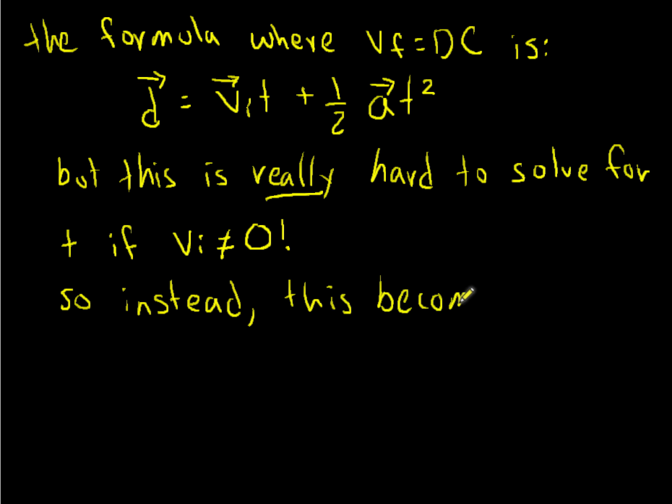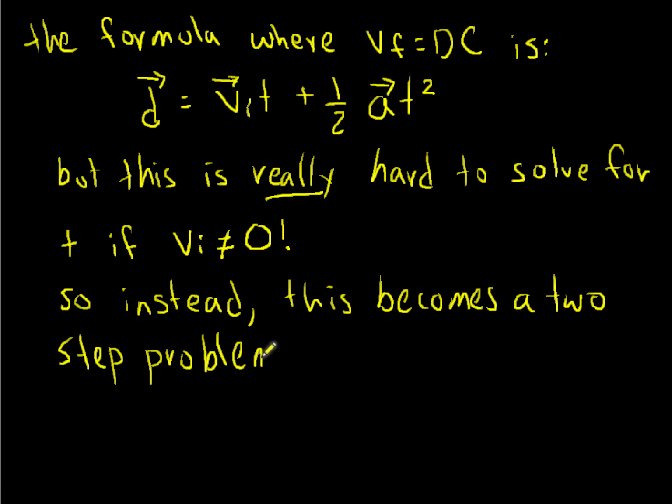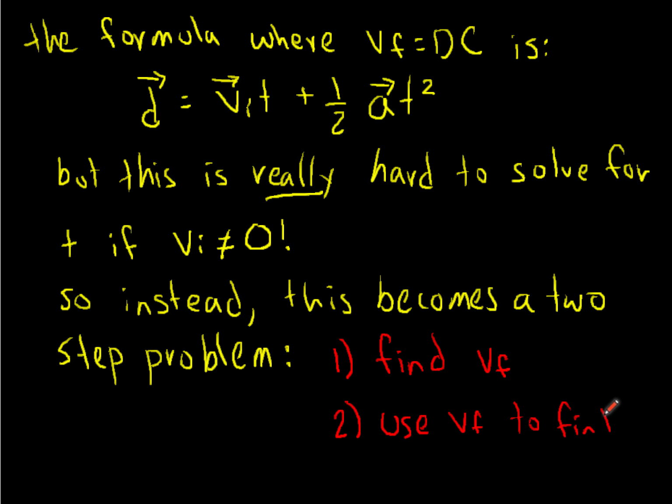There's a sneakier way we can get at this time. It becomes a two-step problem. In the first step, instead of finding t, we're going to look for Vf. And in the second step, we're going to use Vf to find t, in an easier equation.